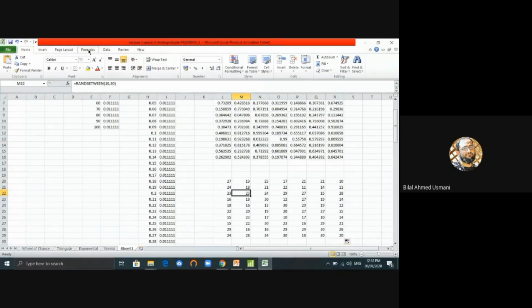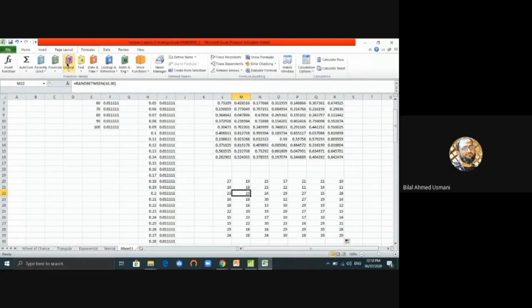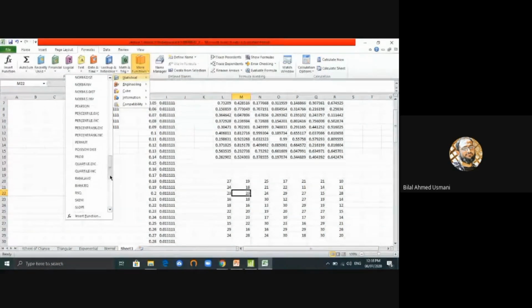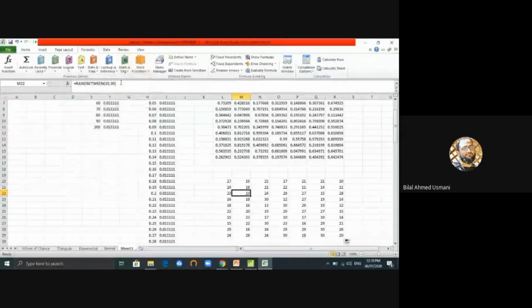If you look at the formula view of RANDBETWEEN, it should come under statistical, or I can simply search.